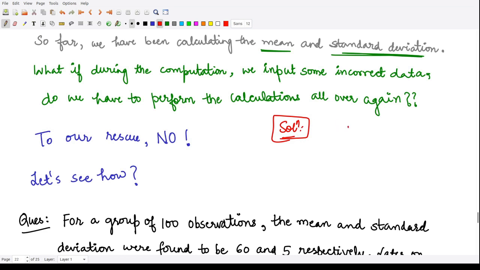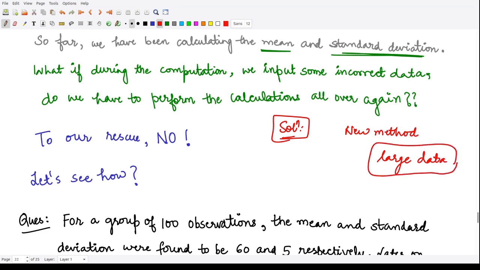This new method is required whenever you have large data with you. You cannot go again and calculate all the mean and standard deviations again. So here you can rectify or improve the correction in your results. Let's see how this is done.